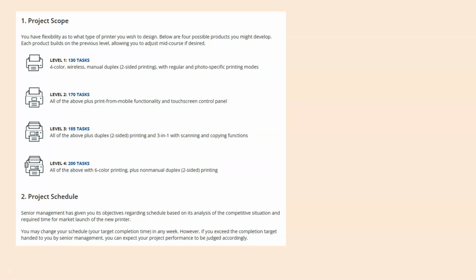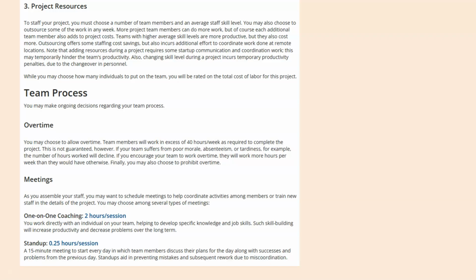Now, the project scope has got 4 levels, and they have different numbers of tasks. So those tasks are associated with how many different things you want to do, and they're all related to printers. The project schedule is given to you by senior management, at least what the goals of that schedule are. And so you have to figure out how much time you want to spend in any particular week.